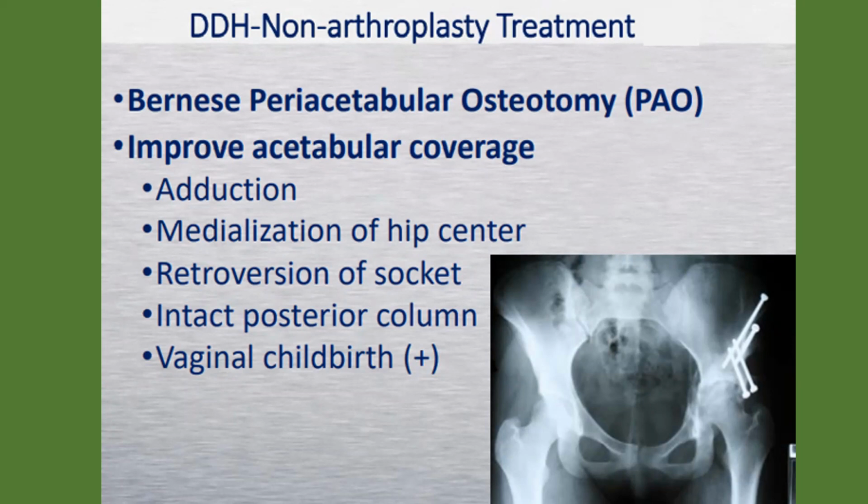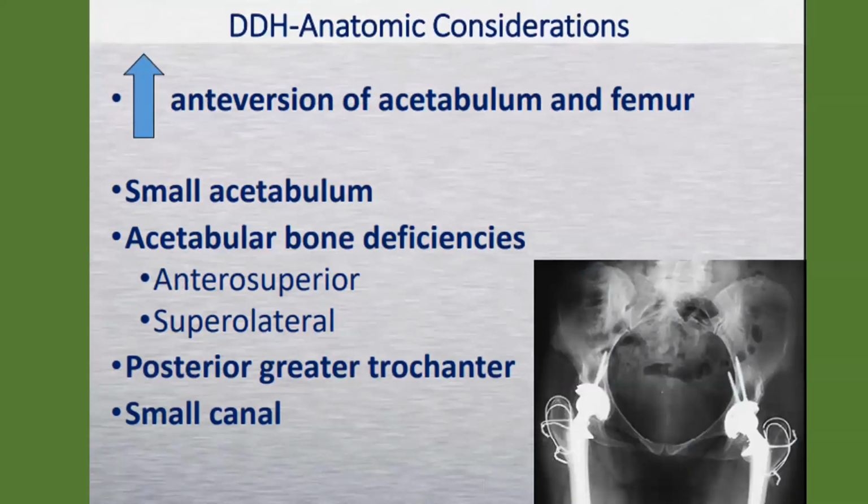And he kept the posterior column intact. The advantage of this procedure is that the woman can continue to have a normal childbirth. In the Steel technique, you change the pelvic wall, and therefore we have to deliver by C-section. But you should choose your patient well.